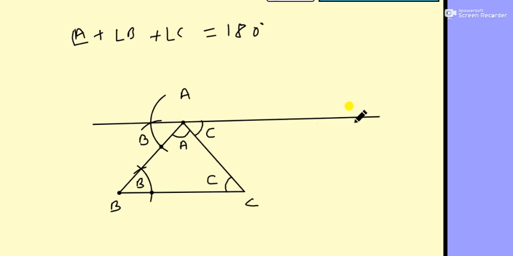It is a linear pair, so we can write this. You can do all this type of questions.